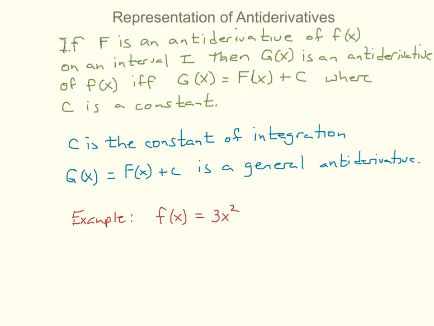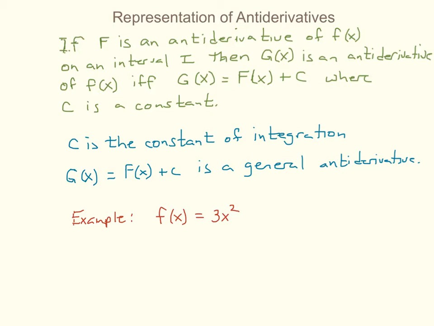Let's take a look at an example here. In this case, we're going to let little f of x equal 3x squared. Well, to find my general antiderivative of this, I need to identify a function whose derivative is going to be 3x squared. Thinking about the power rule in terms of finding a derivative, it doesn't take long for me to come up with the idea that an antiderivative of 3x squared is going to be x cubed.